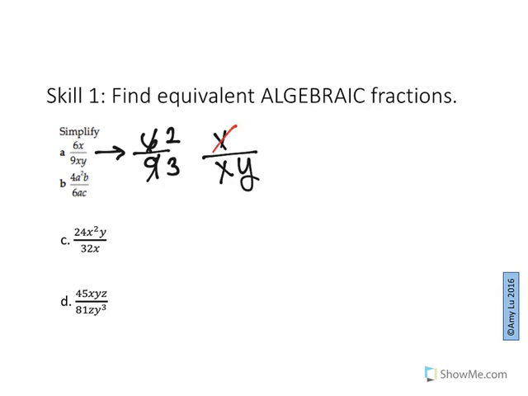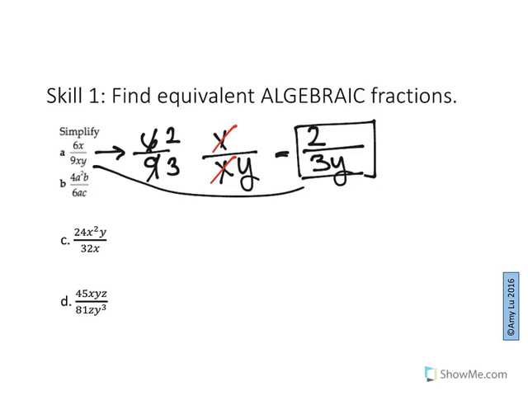That x is in common, so I cross that out. So what's left is 2 over 3y. This fraction is the same as 6x over 9xy, but simplified.